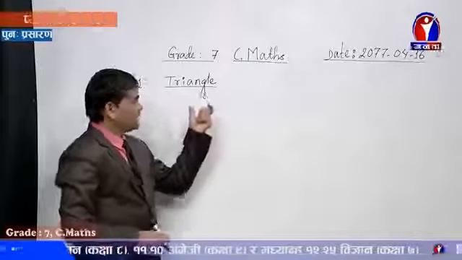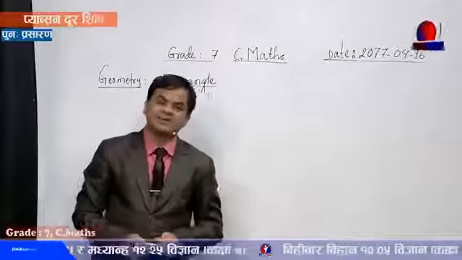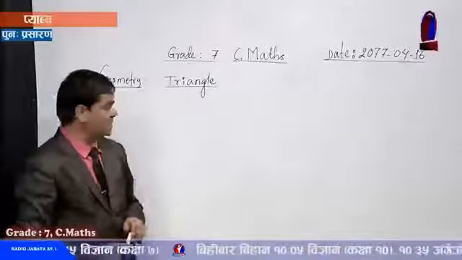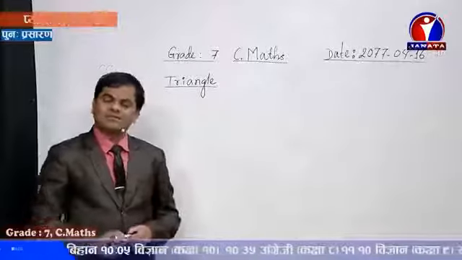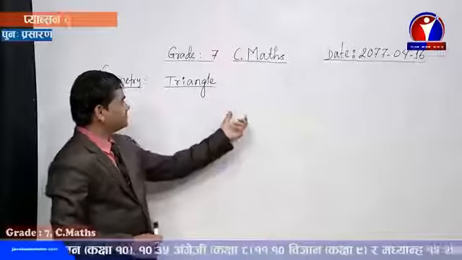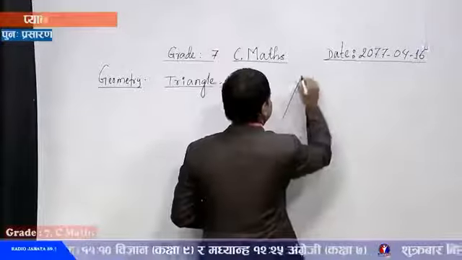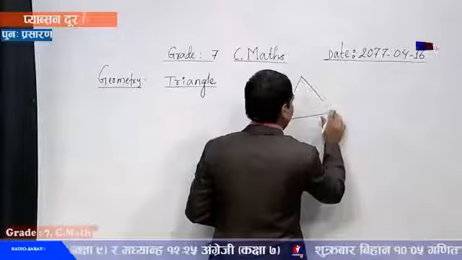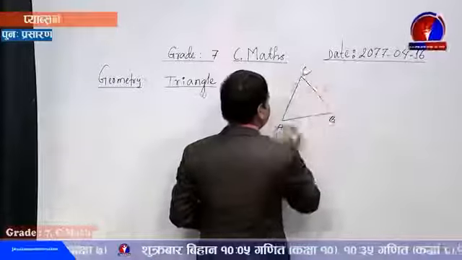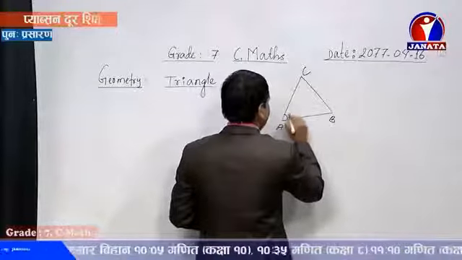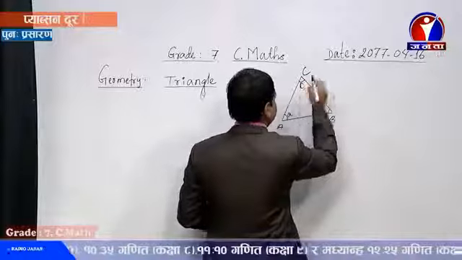But if we talk about the triangle, in class 6 and class 5 also, you have got the basic knowledge. What we learned in class 6 or 5 is that whether the triangle is bigger or smaller, tiny or huge, its angle sum becomes 180 degrees when these angles are measured using a protractor.